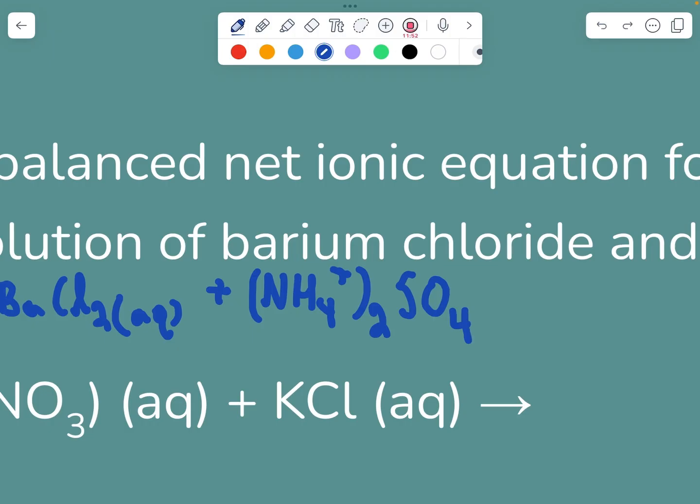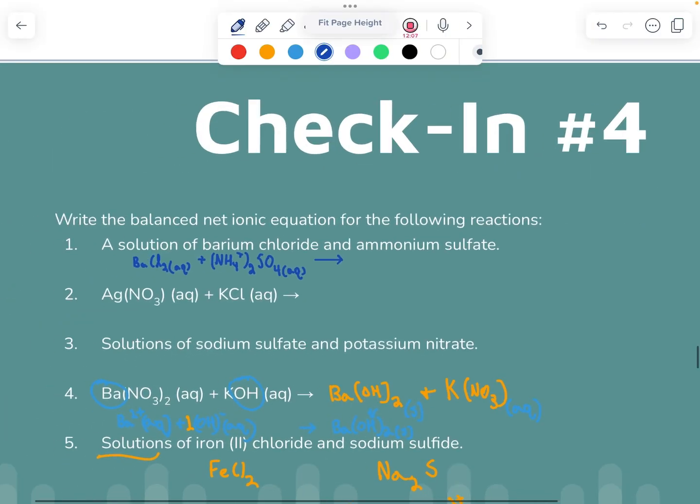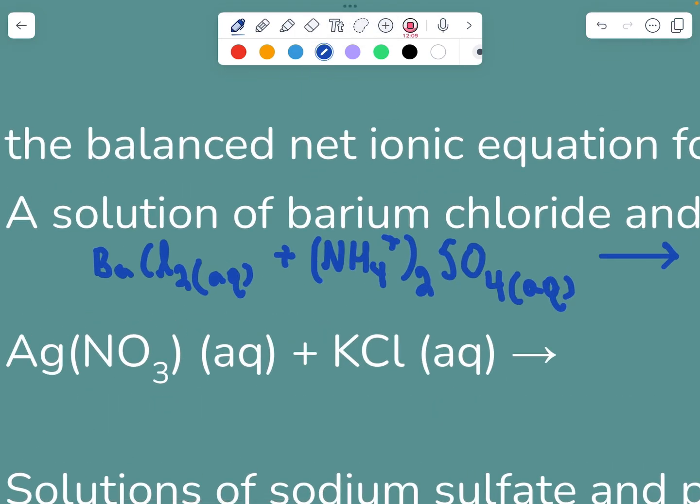And then that yields, and we can predict our products because we know it's a double replacement reaction. They're just going to switch partners. And so we have BaSO4, and those charges are balanced.